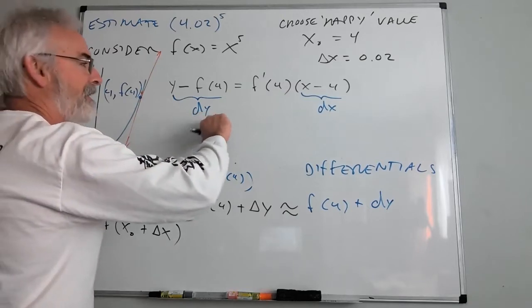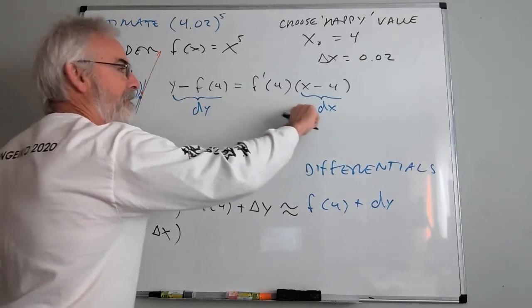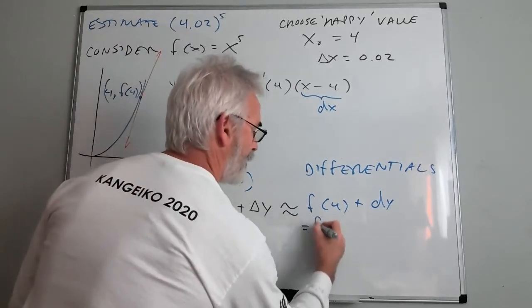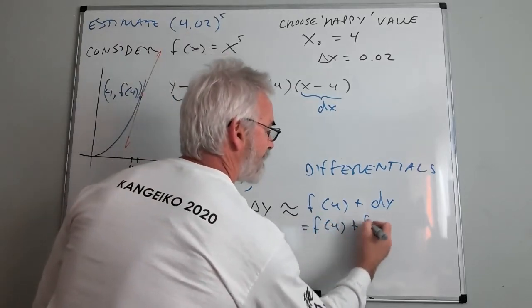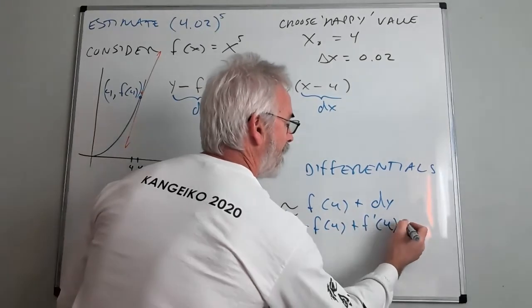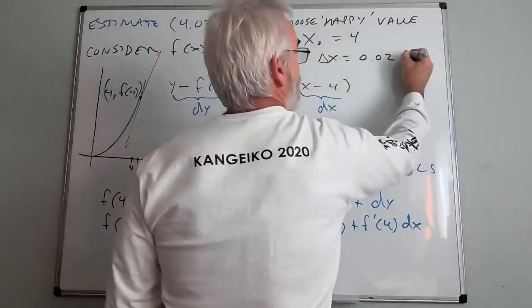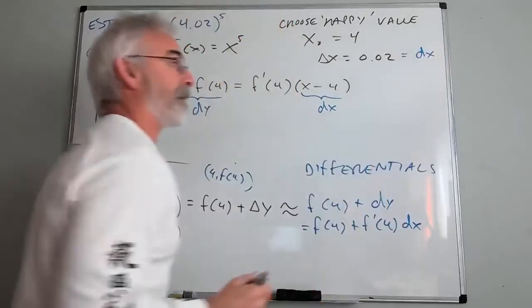So dy is simply the derivative times dx. Oh, well, that's not bad. In fact, that's going to be a fairly simple thing to calculate. So here I'm going to put this is equal to f of 4 plus f prime of 4 times dx. But dx and delta x, we said, are the same thing.